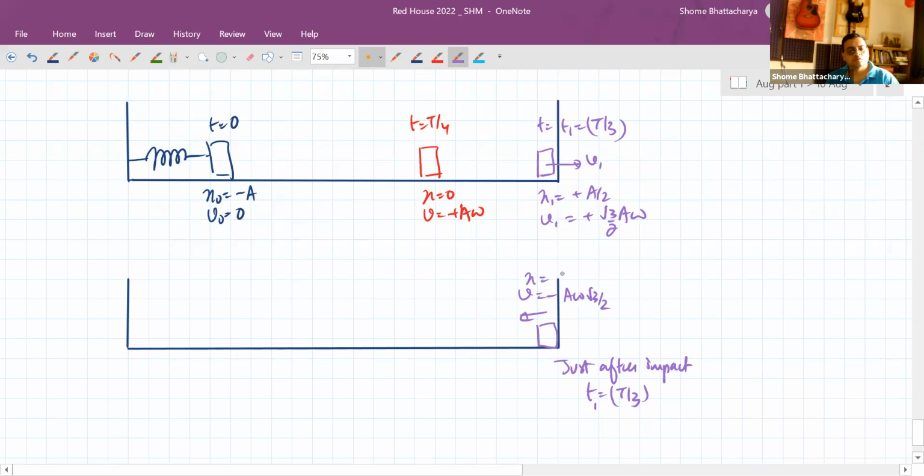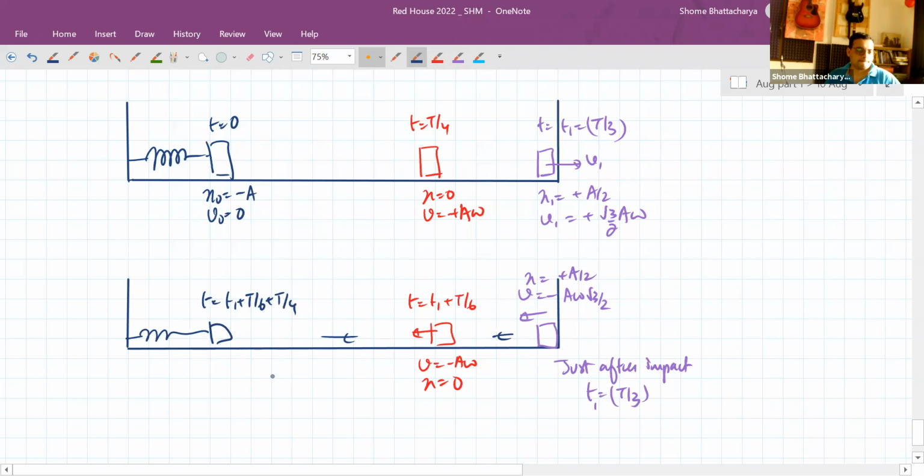So from here, it will again reach this position at t equal to t1 plus T by 6, having a velocity of minus a omega. And then it will come back to this position, it will go in this direction, at a time of how much? At a time of t1 plus T by 6 plus T by 4. Okay. So that's another T by 3. So this time will be actually 2T by 3.